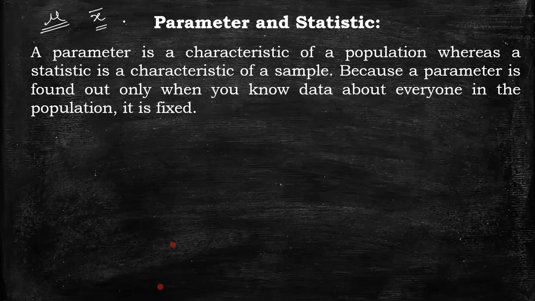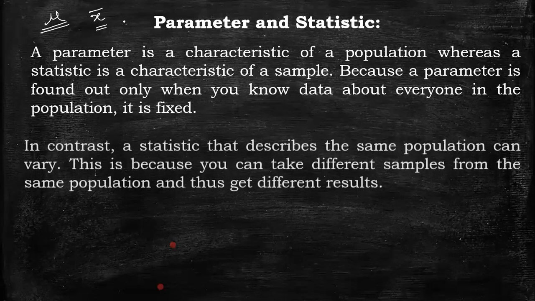A parameter is found out only when you know data about everyone in the population. It is fixed. Absolutely, as long as we are concentrating on a particular population, the value of mu is fixed. But for the same population, on different occasions, we may take different samples, and accordingly every time we may have different sample means.